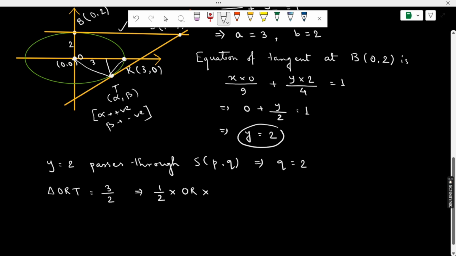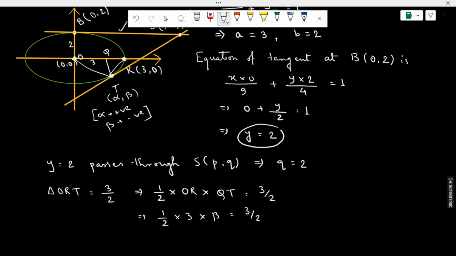Height means, if I mention a name Q here, then QT is equal to 3 by 2. This implies half into 3 into beta is equal to 3 by 2.